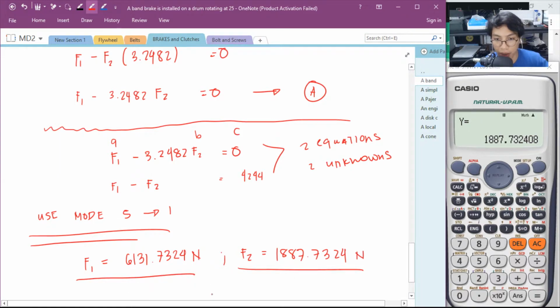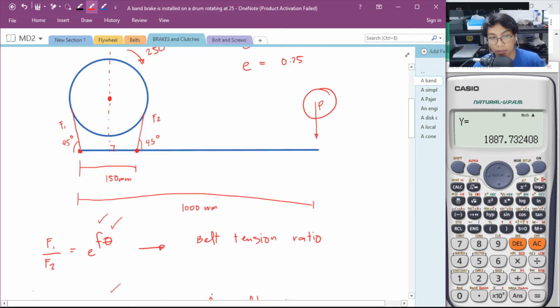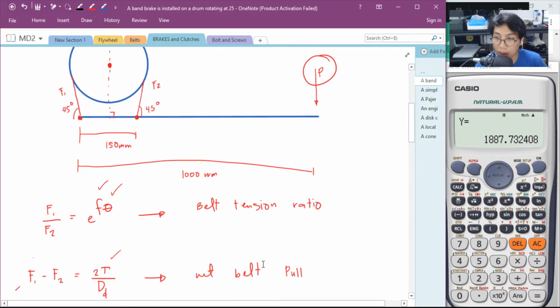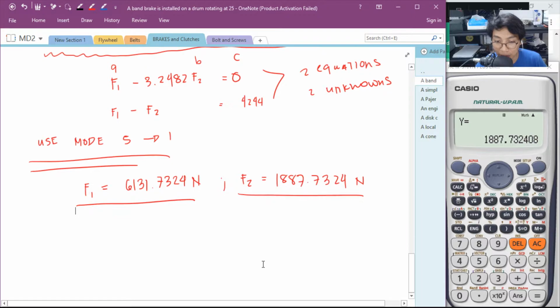But the problem there is, we are ought to find itong P. Kaya magkakaroon tayo ng free body diagram. Now, let us take that as free body diagram. Check na natin kung tama yung naging sagot natin. So, that is tama. Okay? Tama yan. So, let us have free body diagram. You have here.